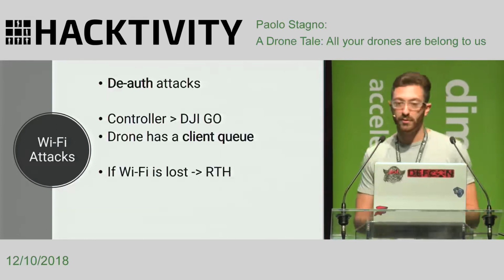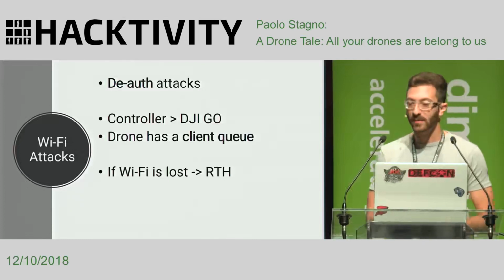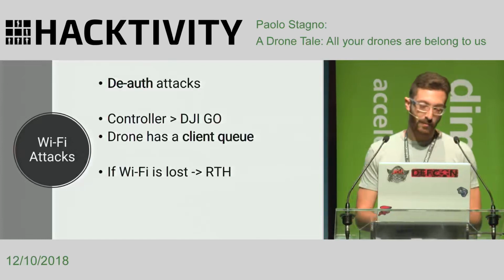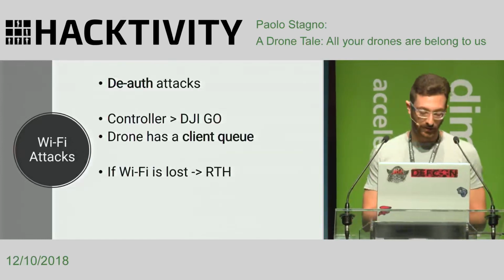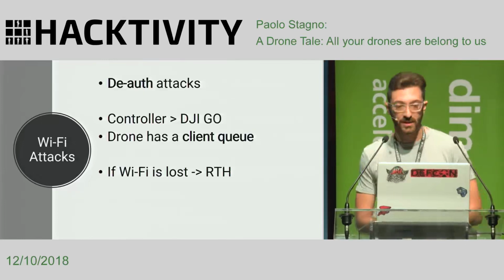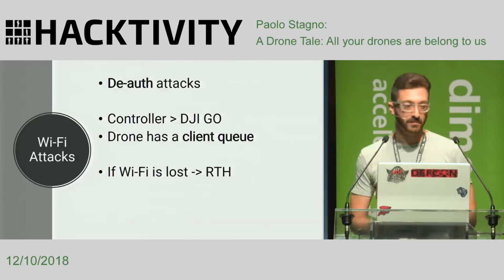And if we try to use mobile phone and ground controller at the same time, the ground controller still has the priority, but using all of them at the same time will make the whole system a lot less manageable. So it will be hard to fly if you are poking around with a mobile phone.